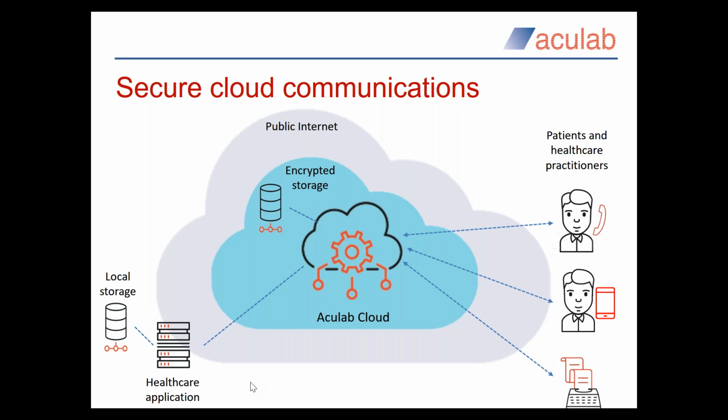They can apply to other markets where similar security schemes are in place, or indeed to non-healthcare industries where security is a major concern. So that's all I was going to cover on the secure architecture.